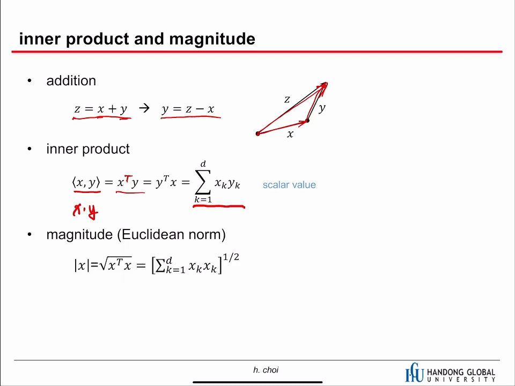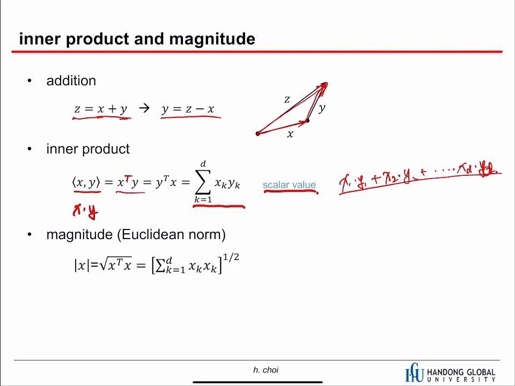We multiply the elements, something like x1 times y1 plus x2 times y2 plus etc. and xd times yd. And we sum them up to get one scalar value. So the result of the inner product is a scalar value.